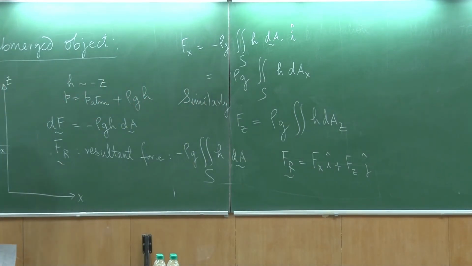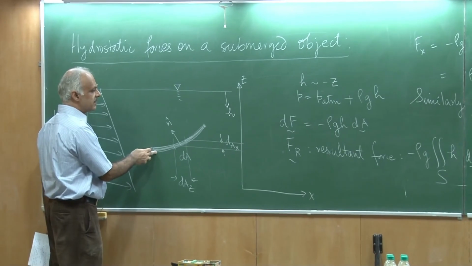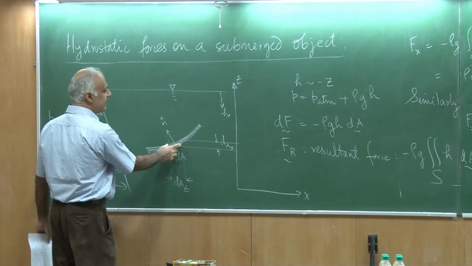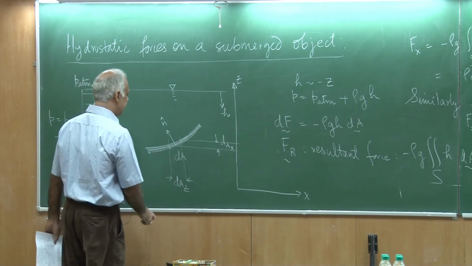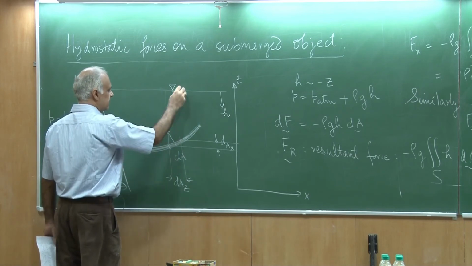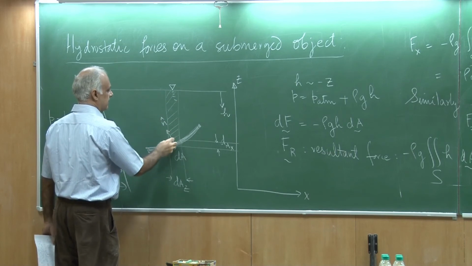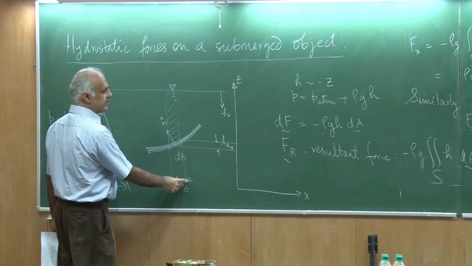What is the physical interpretation? Rather simple. If I want to calculate the force on this object, what is being said is that if I take an elemental area, then notice h dx is simply, this is h, this is dAz.